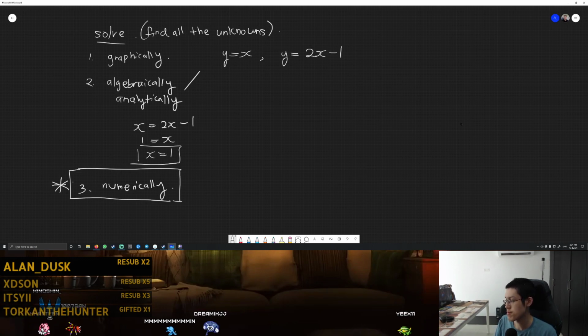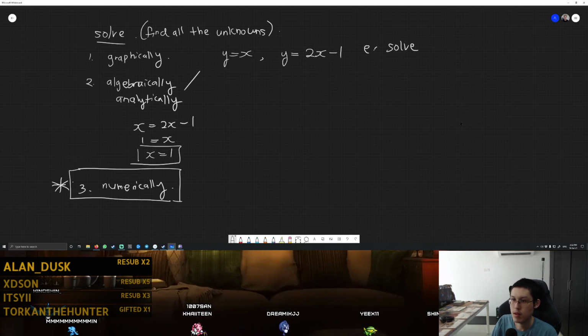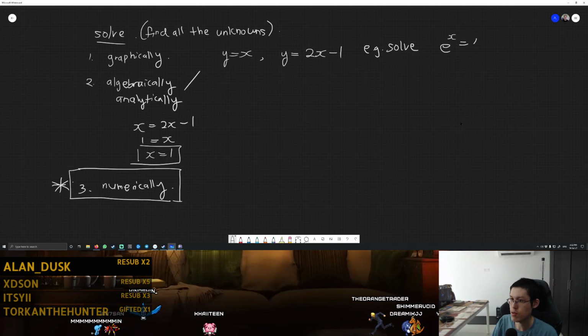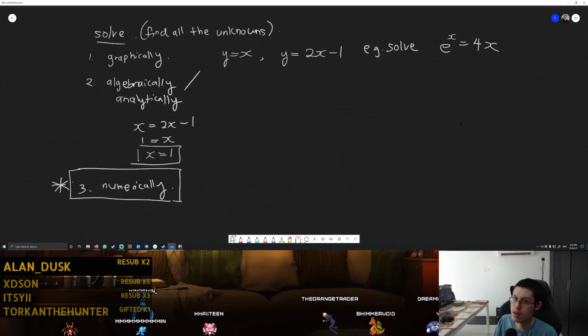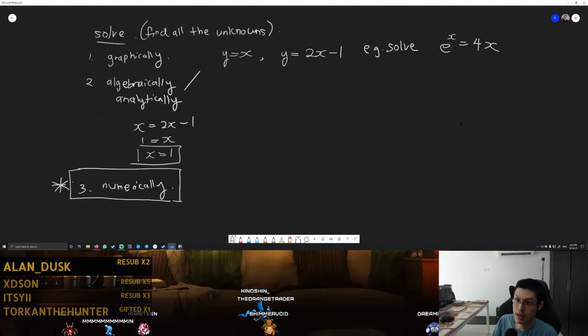For example, let's say I ask you to solve e to the power of x equals 4x. Normally, when you try to solve something, you make x the subject and then you get your answer. But no matter what you do, you can't make x the subject.